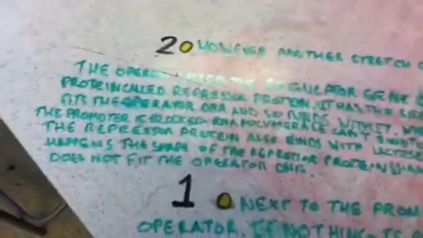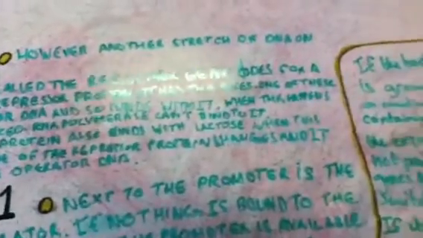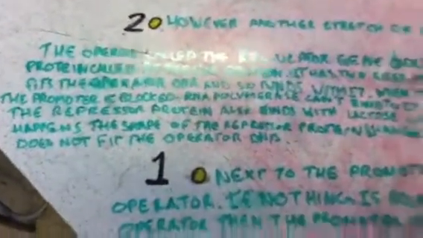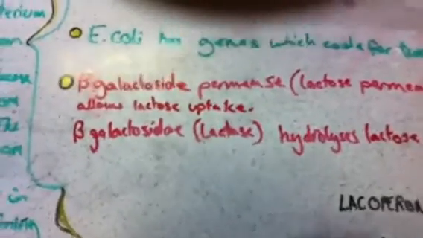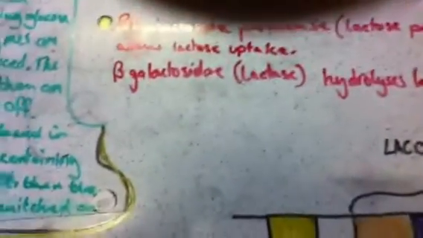However, the repressor protein also binds with lactose. When this happens, the shape of the repressor protein changes and it does not fit the operator DNA. So we have a little molecule of lactose here, a heart.